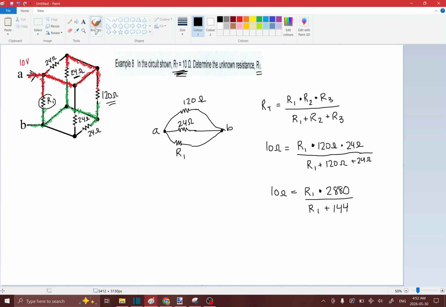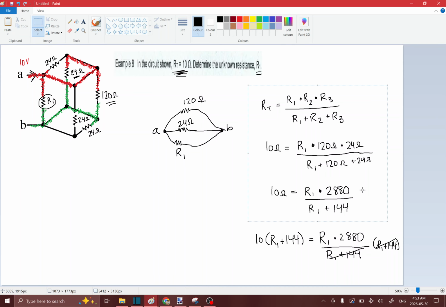So when you're in this kind of situation, what you want to do is multiply the 10 ohms by R1 plus 144. So you've got rid of this bottom part here, and that's going to be equal to R1 times 2880 divided by R1 plus 144, and you also multiply this by R1 plus 144. This cancels this out, and so let's make some more space for ourselves.